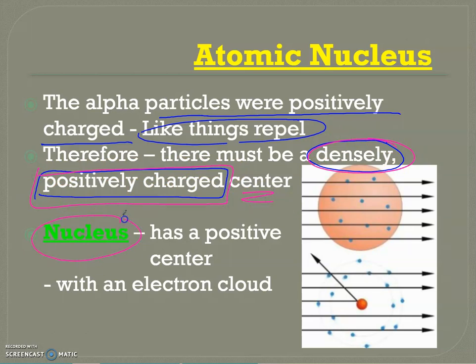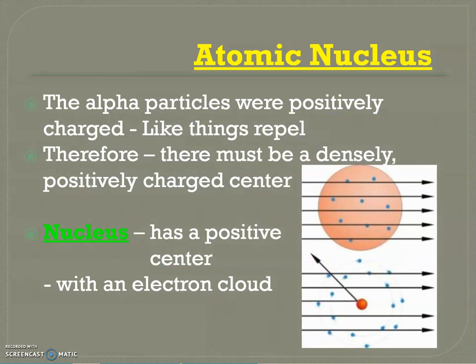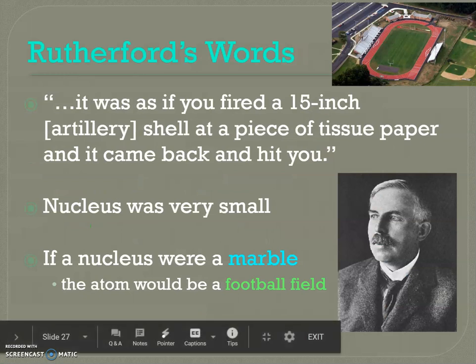And the nucleus is surrounded, at this point we just know, by an electron cloud, and we'll get to that in subsequent chapters also. Every once in a while, 1 out of 8,000 alpha particles was deflected, so he could figure out it was really, really small.